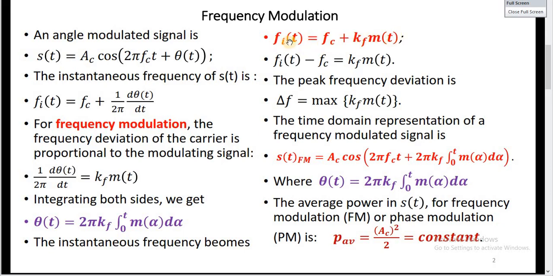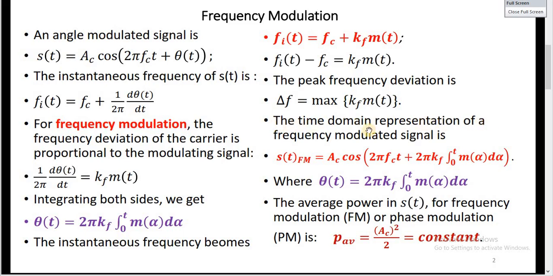Of course, the difference between the instantaneous frequency and the unmodulated carrier frequency, Fi of t minus Fc, equals the frequency deviation K sub f times m of t. The peak frequency deviation, which is the maximum value of this quantity, is denoted by delta F equal the maximum value of K sub f m of t.